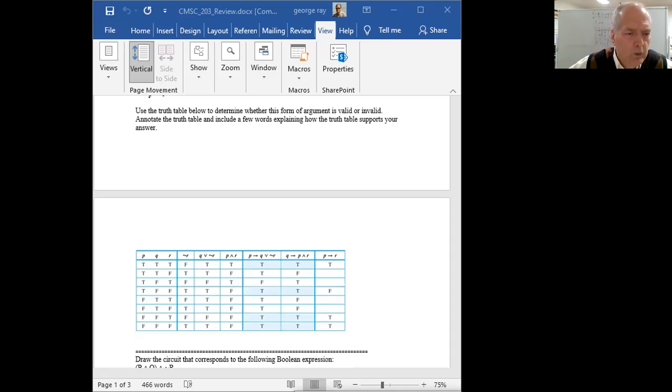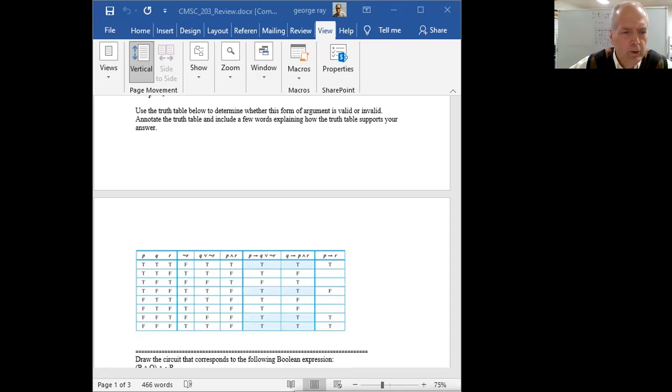The two columns where you see blue cells highlighted are the two premises. The first one on the left is the major premise, and the one on the right is the minor premise. And we highlighted each one of the rows where the two columns had true values for the two premises.